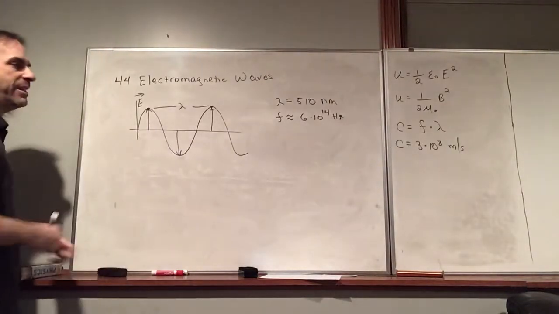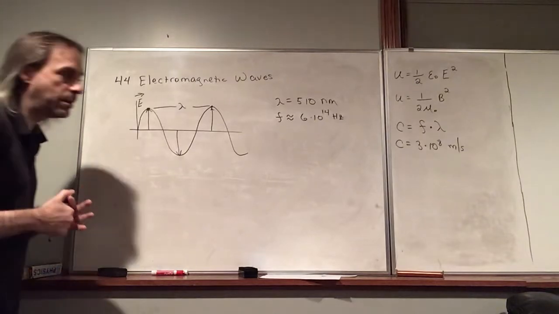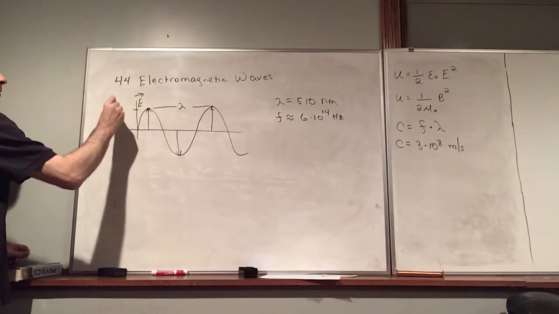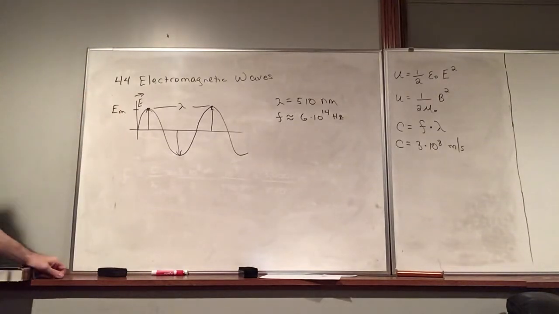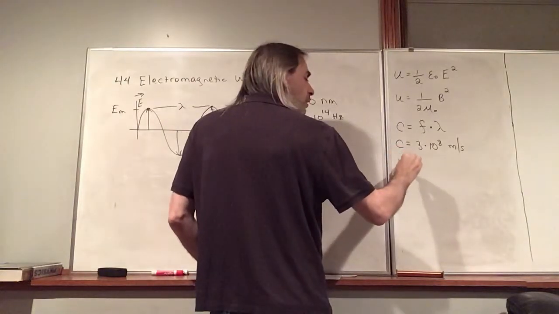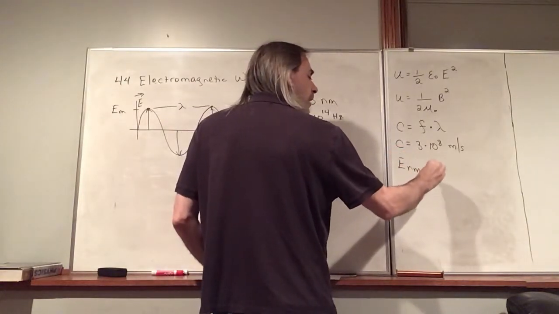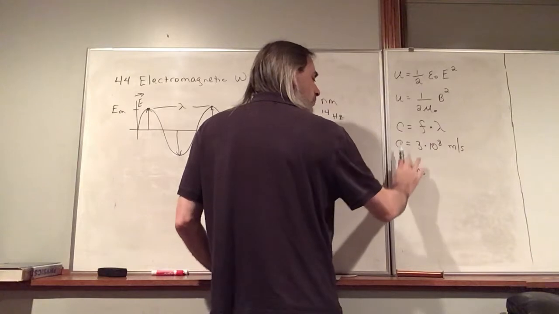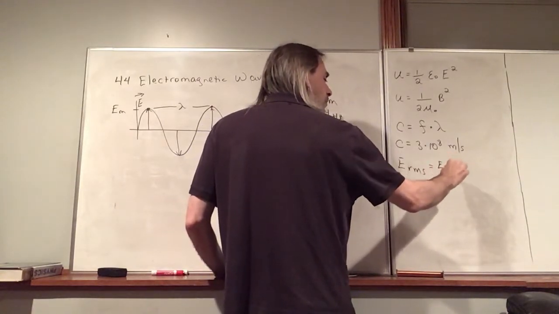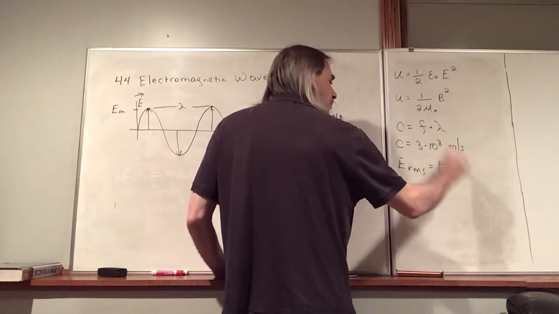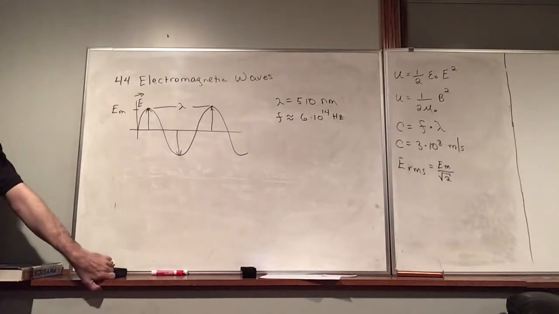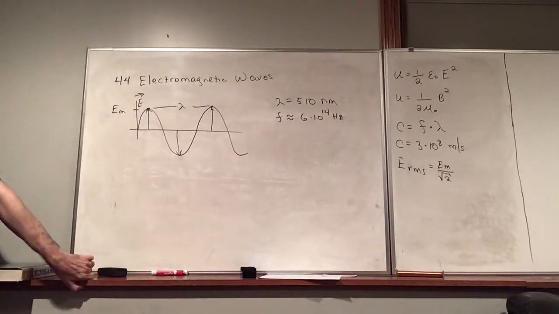So again, because we only concern ourselves with average values, let's say this is the peak electric field, E_m for maximum electric field. I'm just going to write this down. The RMS average is just the maximum value divided by the square root of 2.